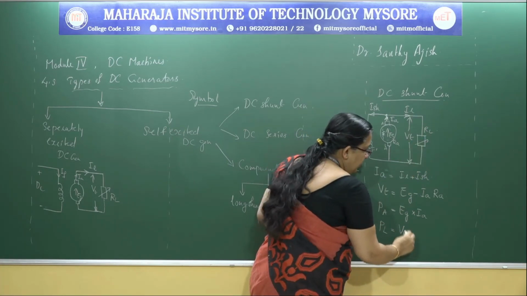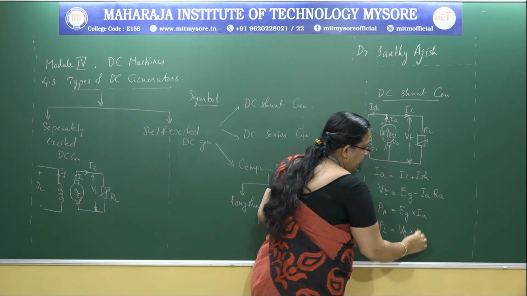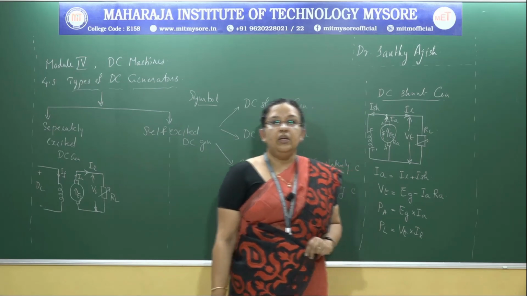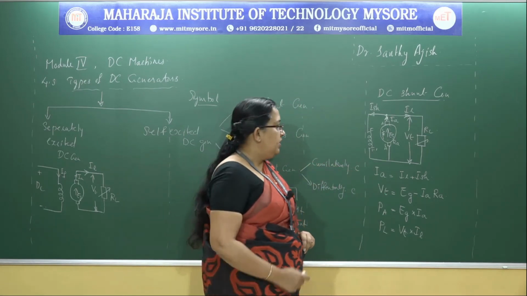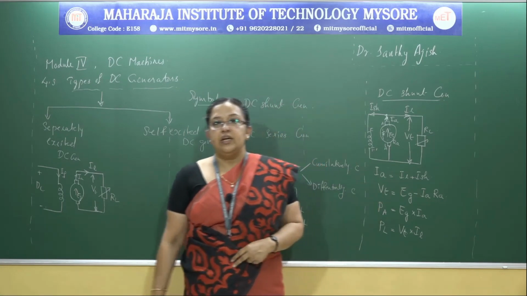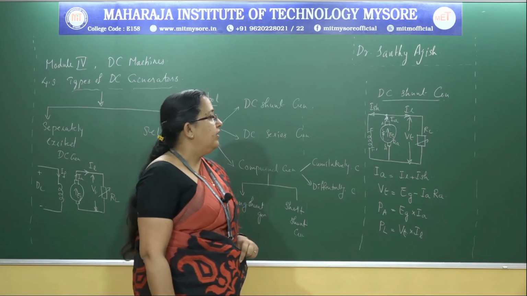So it is VT multiplied by IL. So that is the power developed across the load. So these are the voltage and current and power equations considering a DC shunt generator.